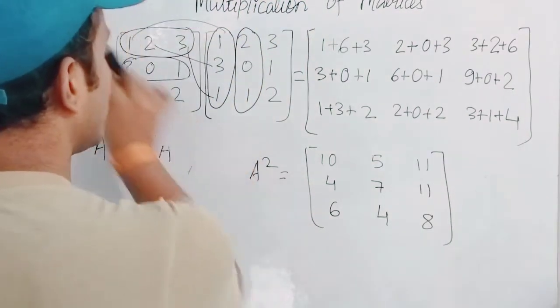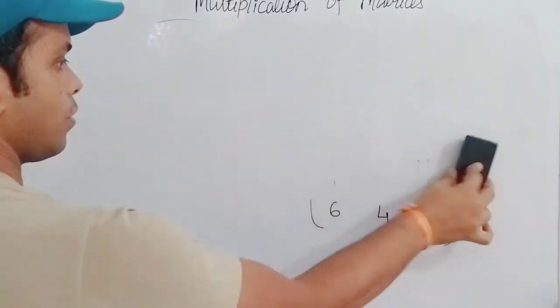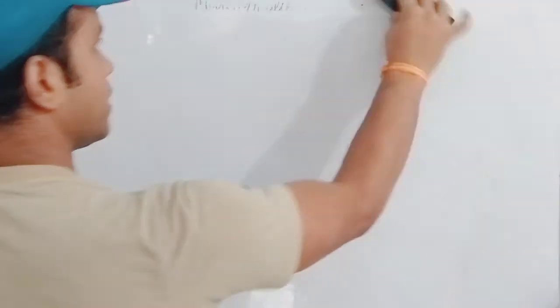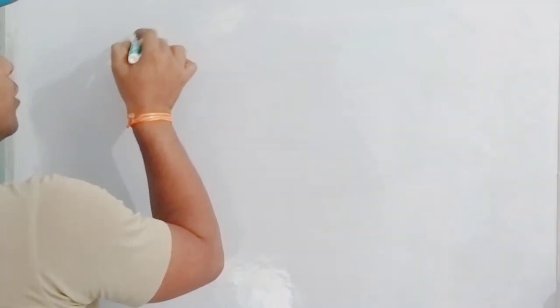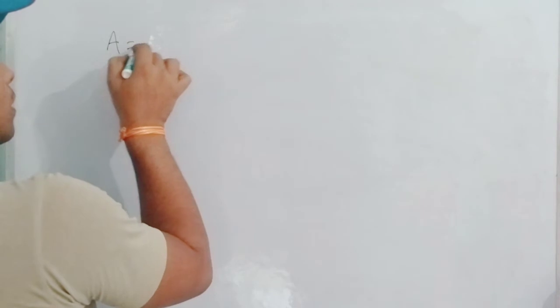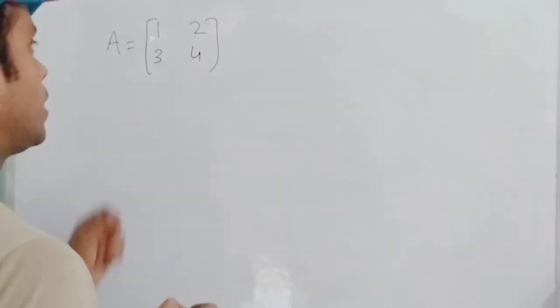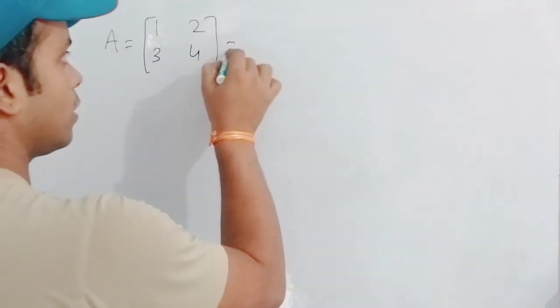So what is next after multiplication? Now next topic is multiplication of a matrix with a scalar. How to multiply a matrix with a scalar. So this is basically what? If A is a matrix 1, 2, 3, 4, then multiplication of this matrix with a scalar.